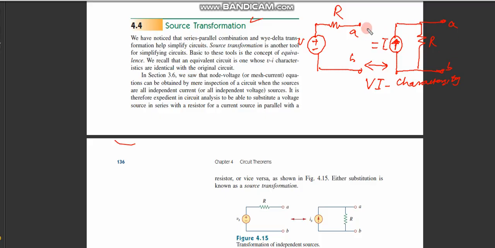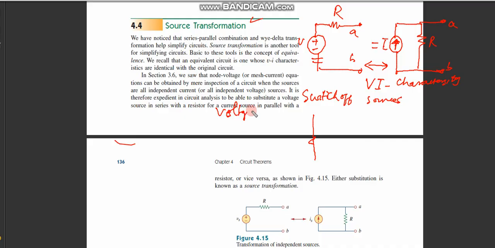For instance, suppose we switch off the sources in both circuits. In this circuit the source is V. If I switch it off, the voltage source becomes a short circuit.